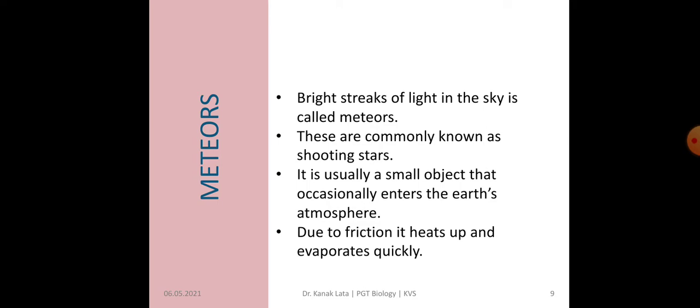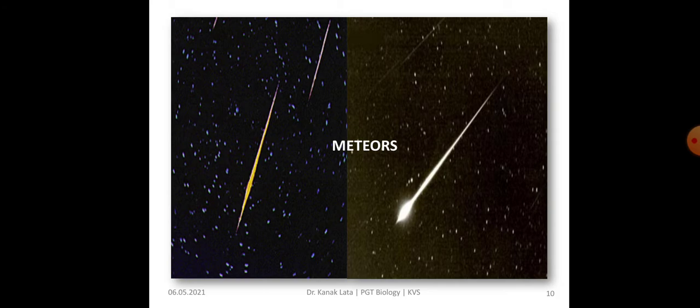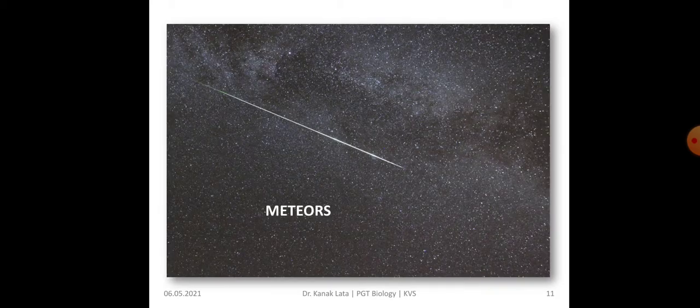The friction due to the atmosphere makes it glow and evaporate quickly. In the given figure, you can observe meteors. You can observe here bright streaks of light.